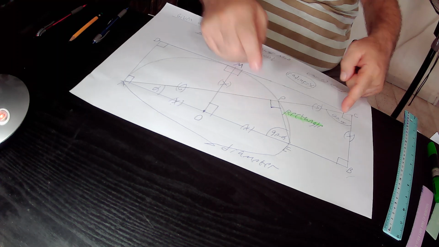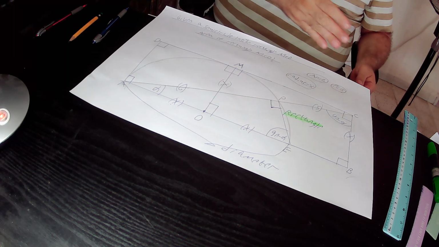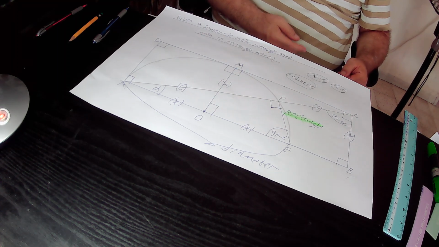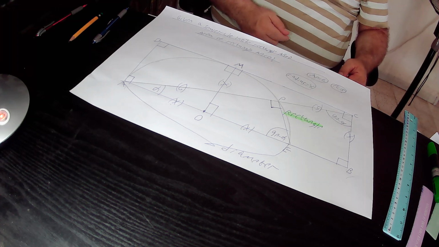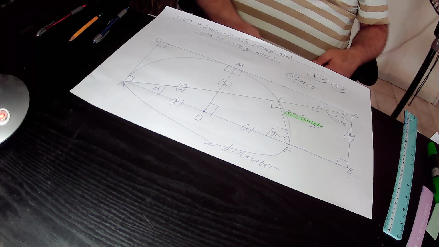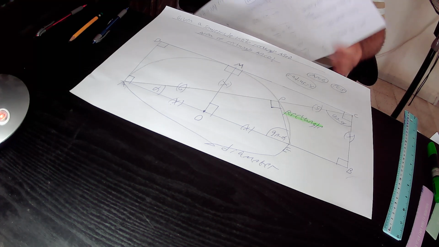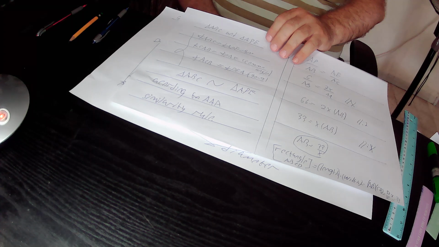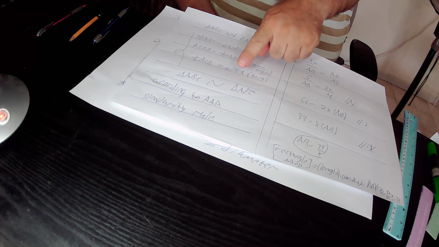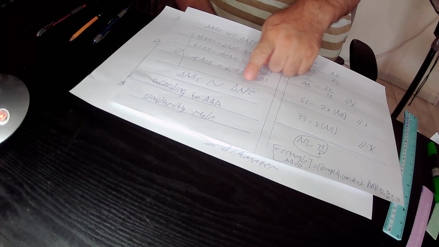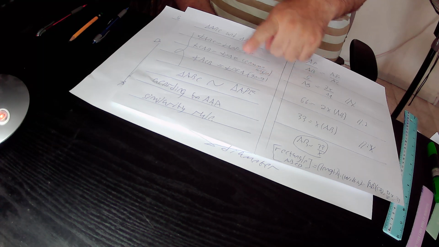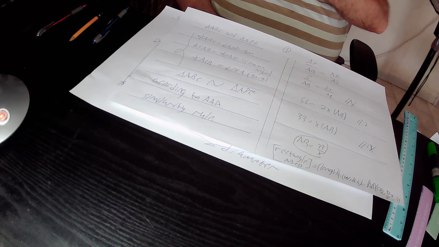So we prove that all the angles in the big right triangle ABC are correspondingly equal to all the angles of this right triangle APE, and therefore those two right triangles are similar to each other according to the angle similarity rule. Again, we found out that the big triangle ABC is similar, this is the sign of similar, to the small right triangle APE according to the angle similarity rule.